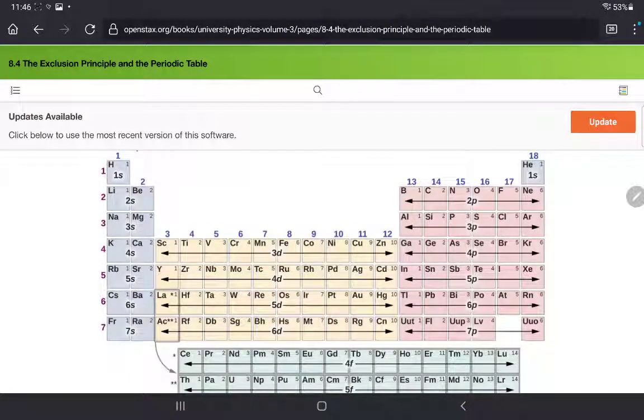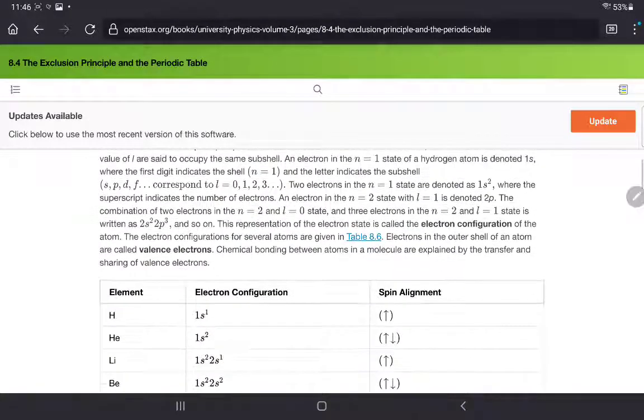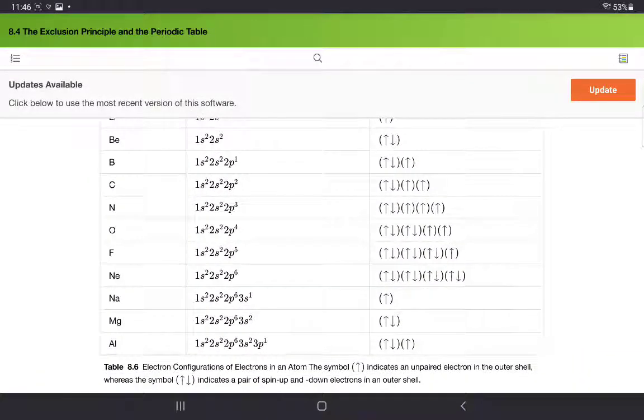And what I was just describing is actually neon, right? Neon, if I go look at spectroscopic notation for neon, so here's neon down here. It's capital Ne, 1s2, 2s2, 2p6, right? And that's what I just outlined in red.